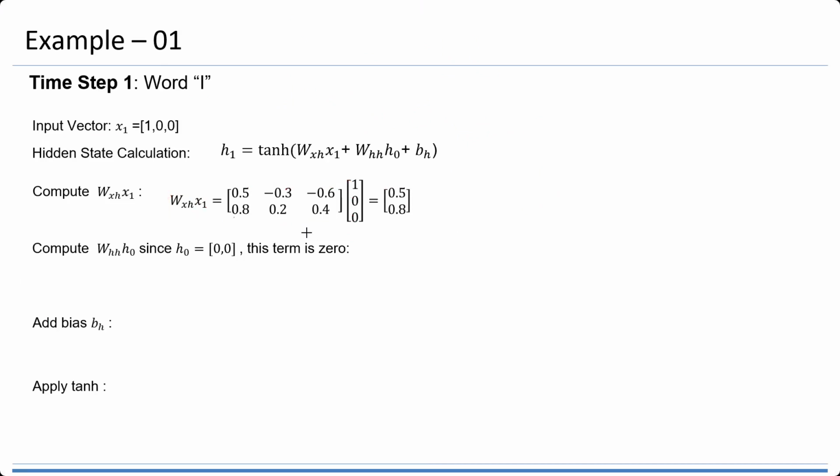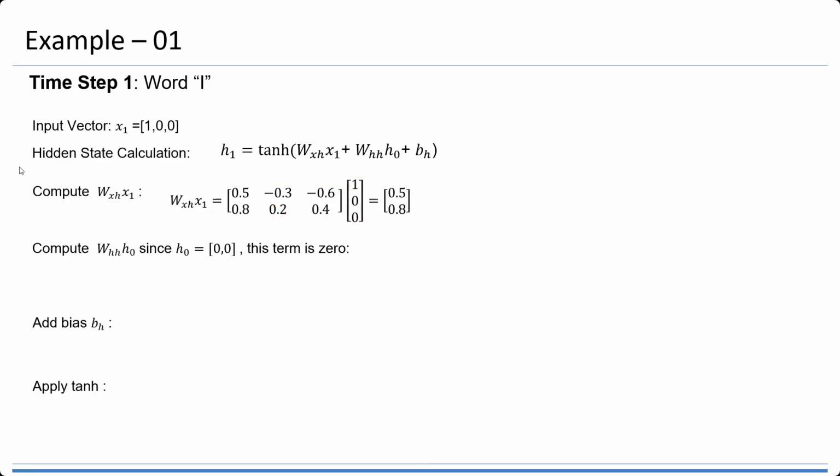For the second value, we use 0.8 multiplied by 1, 0.2 multiplied by 0, and 0.4 multiplied by 0. Every number multiplied by 0 will be 0. Then we got this value.